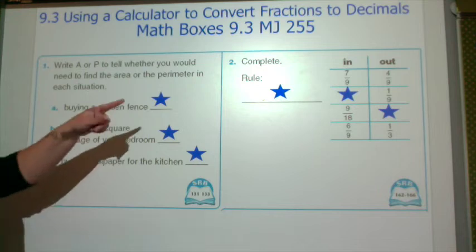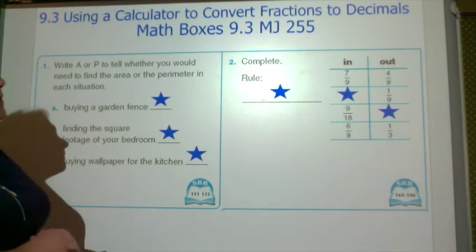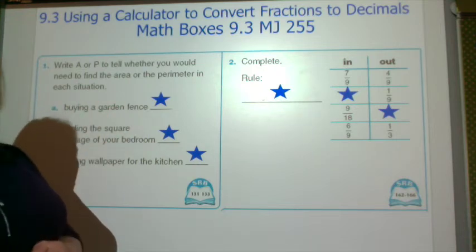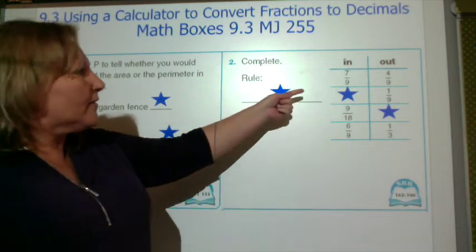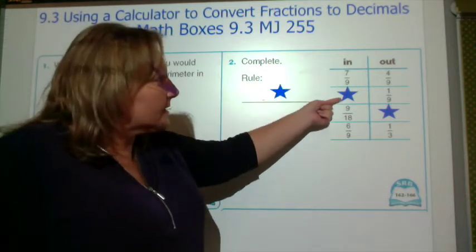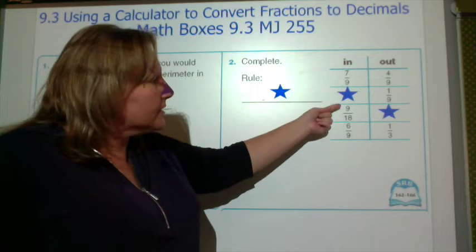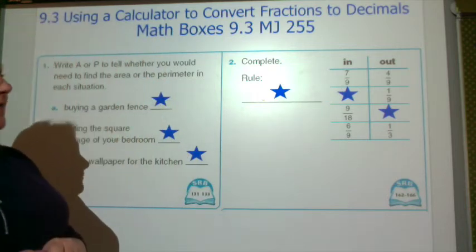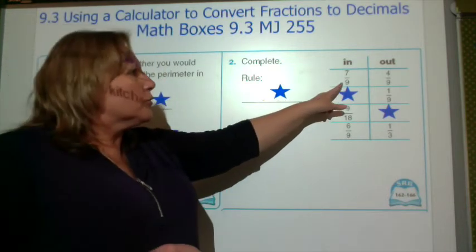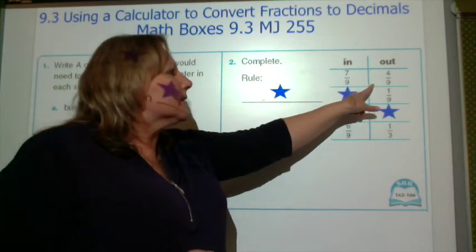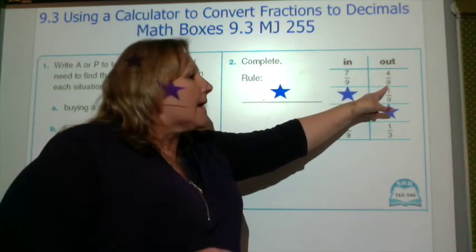All right. Number 2, the rule. Let's look at our fractions first, see if we can figure out what maybe the rule is. We have a problem here. We have a couple different denominators, so that means we're probably going to have 2 rules. First rule is 7/9 coming out as 4/9.